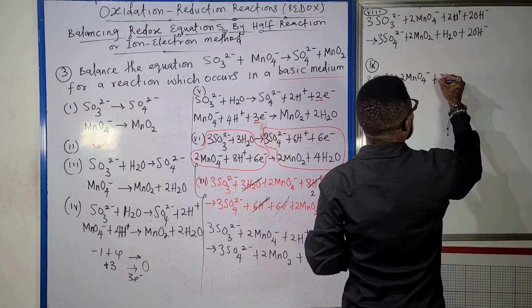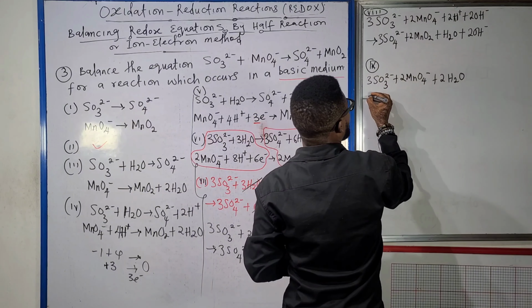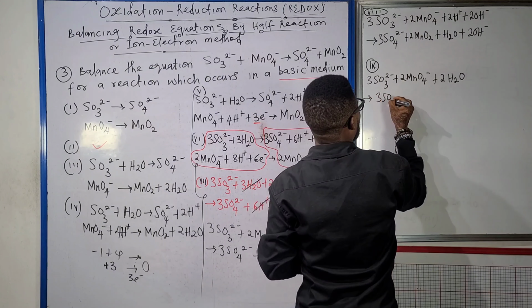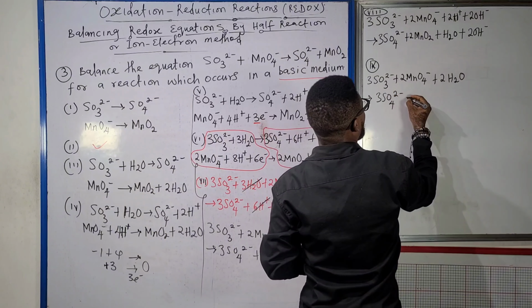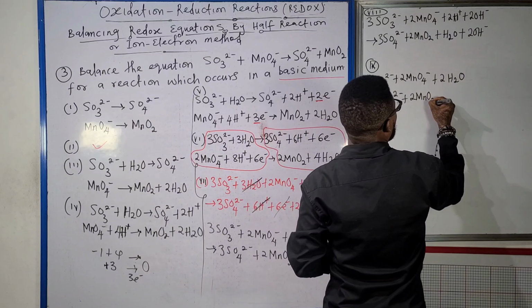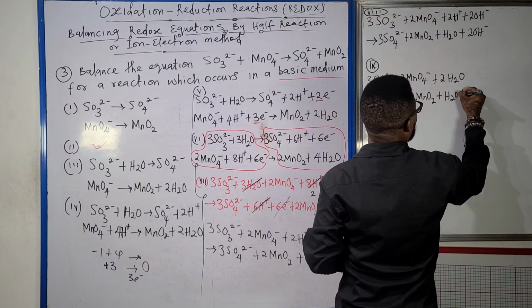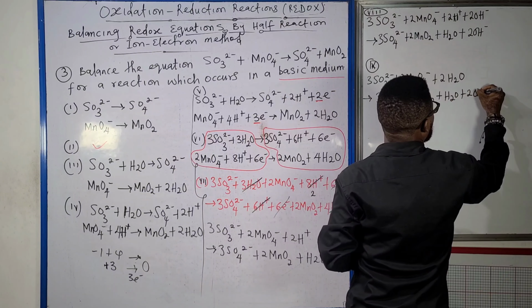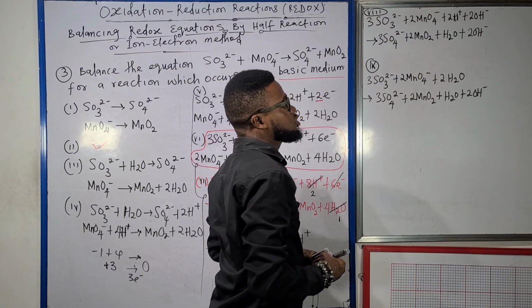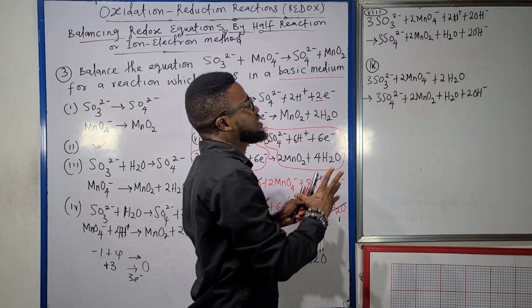That will give us 2H2O, and this will give us 3SO4 2 minus plus 2MnO2 plus H2O plus 2OH minus.